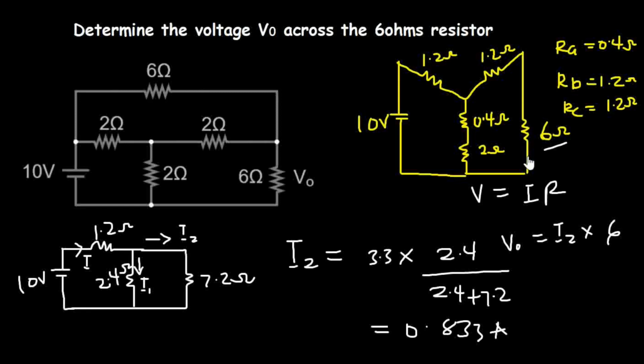So we now know the current flowing through this 6 ohms resistor to be 0.833 amperes, times 6. So 0.833 times 6, that was 4.998.